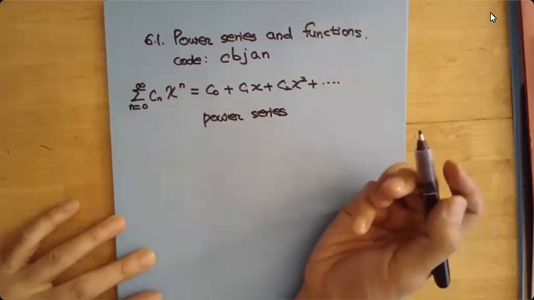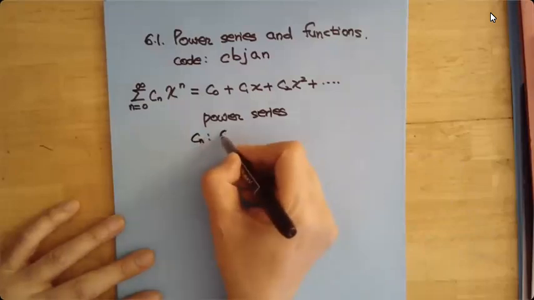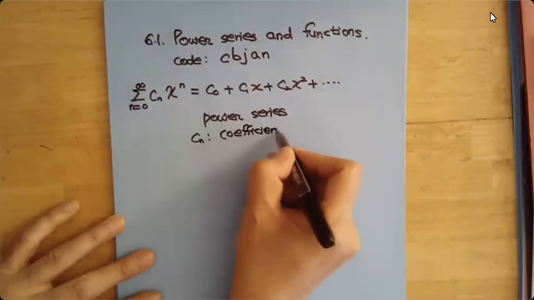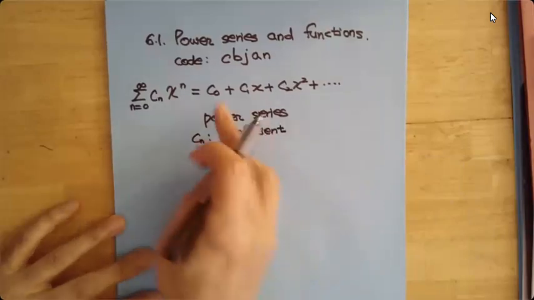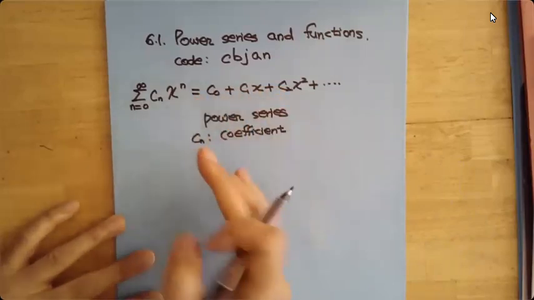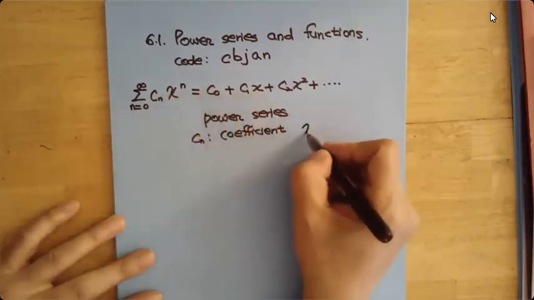Here, what you have to be careful about is that C_n is the so-called coefficient. So that is a fixed number. Those may be different, but those are fixed numbers. But x is a variable.